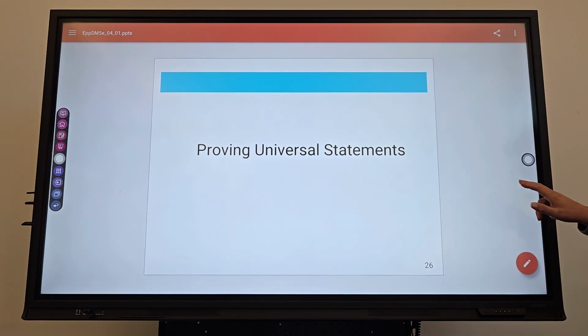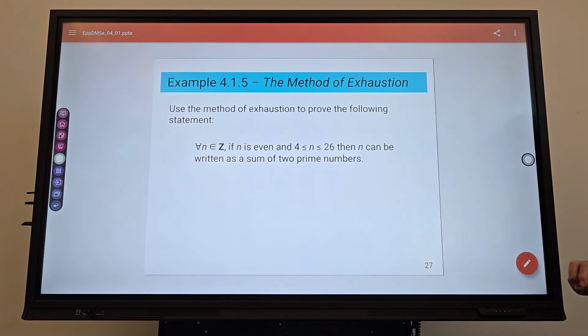Proving universal statements. Use the method of exhaustion to prove the following statement: for all integers n, if n is even and n is between 4 and 26 inclusive, then n can be written as the sum of two prime numbers.